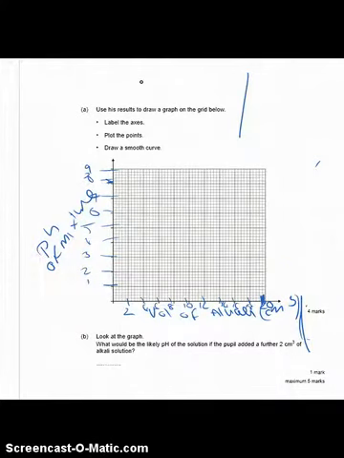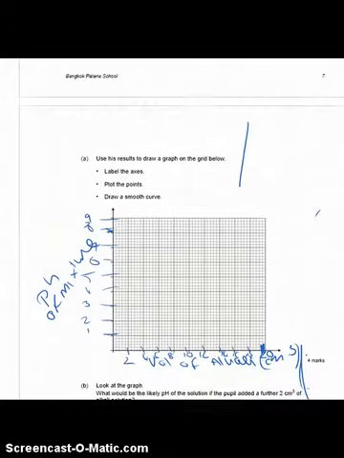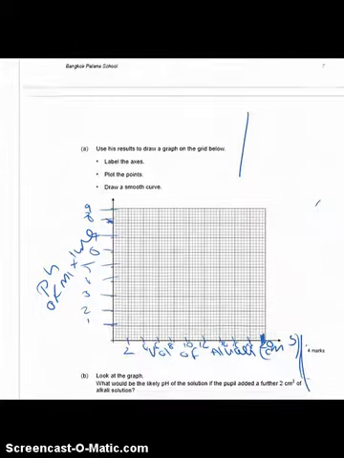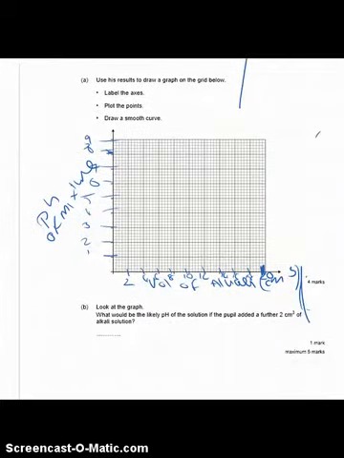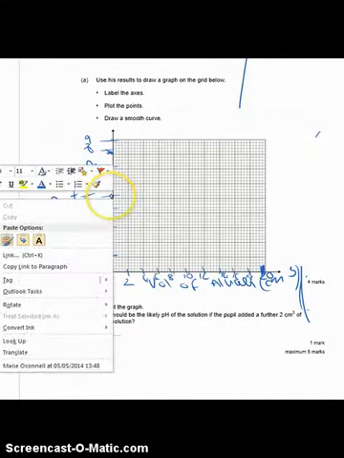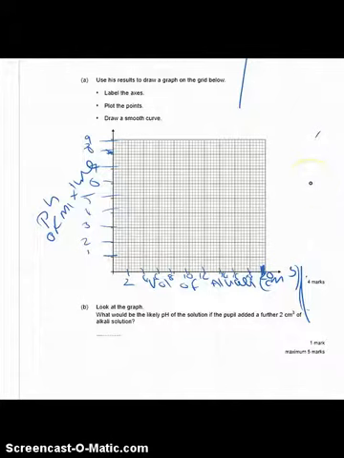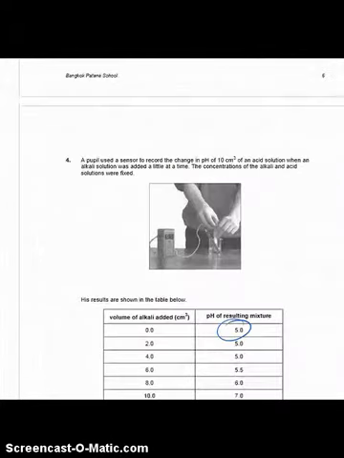Okay, so next, the first number was 0 and 5. So we need to draw a dot. Number 0 for the volume of alkali and pH of 5. So just put a little dot there. And I'm just going to point to where you put the dots because it's not working for me putting the dots.